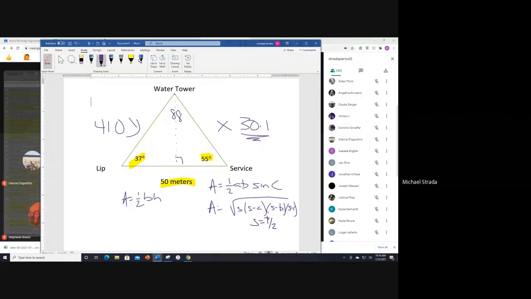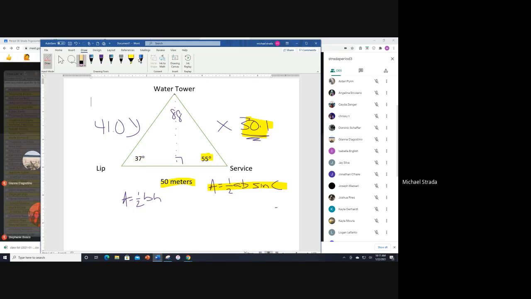And A, B, and C are the side lengths. So if I'm going to use the sine version, I can pick any two sides and the angle between them. So I'm going to use the 30.1, the 50, and the 55 degrees.